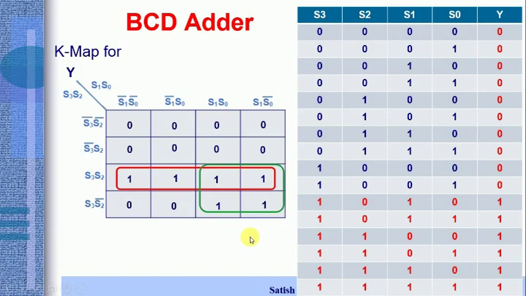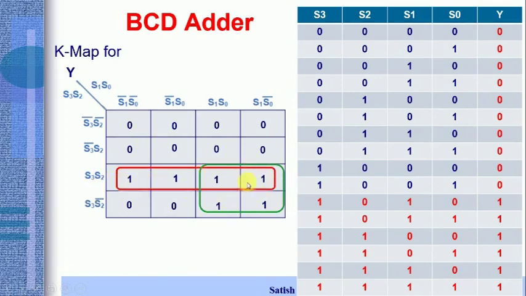From these groups we can write down the expression for Y. For each group, the simple technique is that the terms which are not changing we take, and the terms which are changing we neglect. In the first, red group, the expression will be S3 S2, as S1 and S0 are changing, so we neglect them.